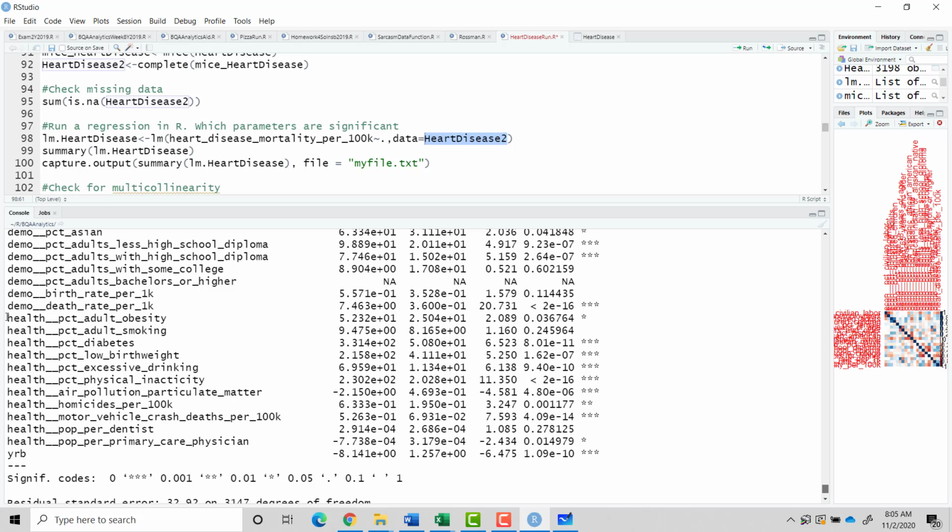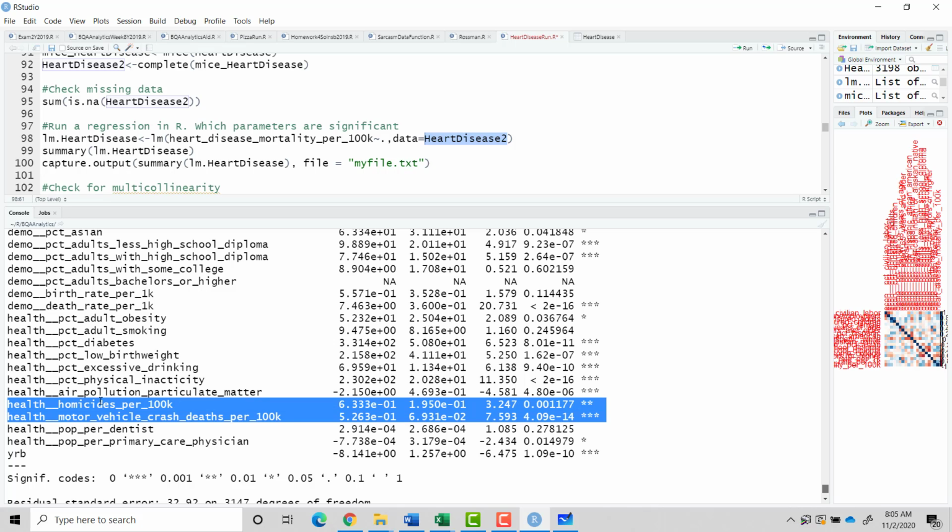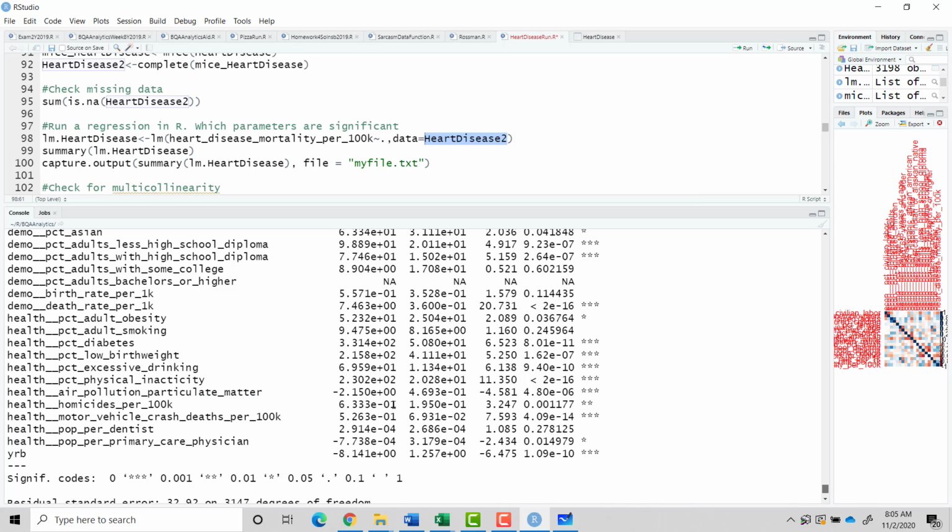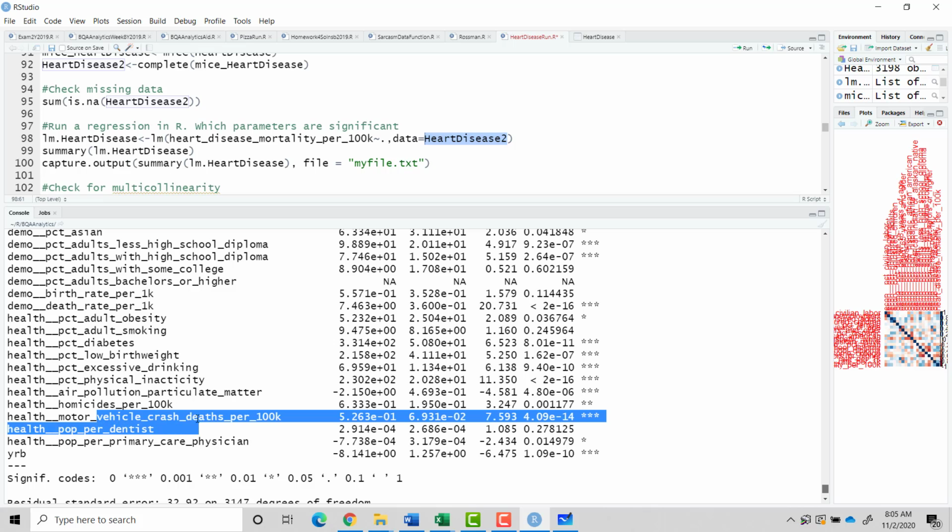And then things like obesity are positive, diabetes, low birth weight. And in this model, excessive drinking is positive. So that's switched signs, which may be due to multicollinearity. And again, some of these are probably not direct causes, but just associated with the neighborhoods, like areas with high homicides having significantly higher heart disease, and areas with higher vehicle crashes.